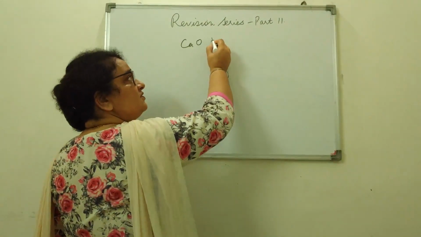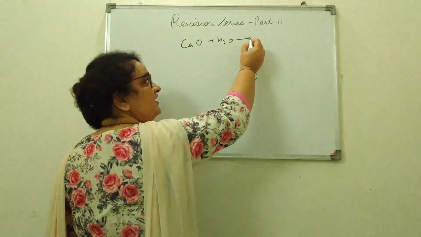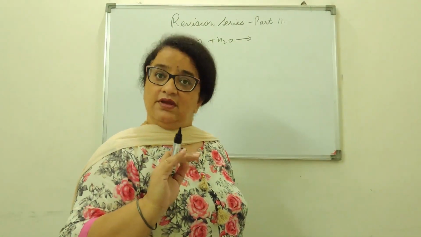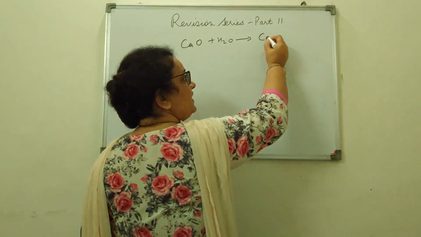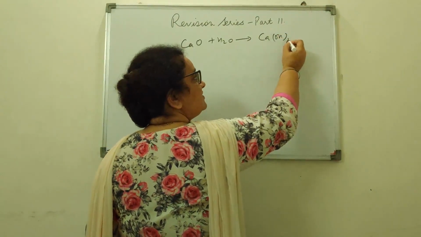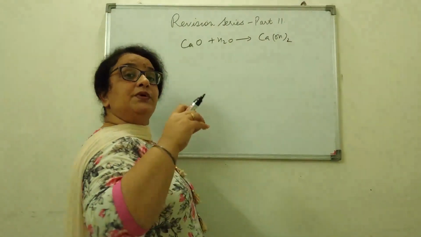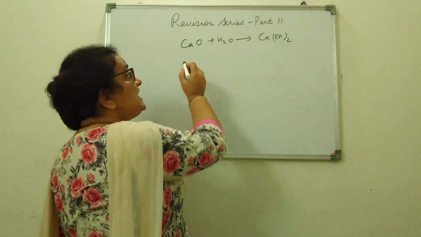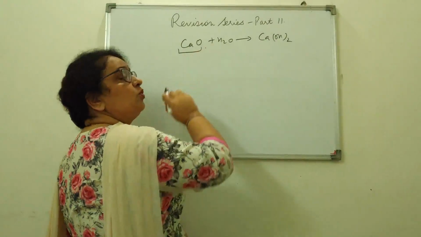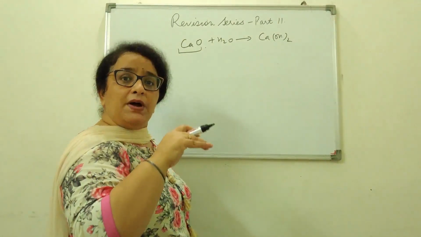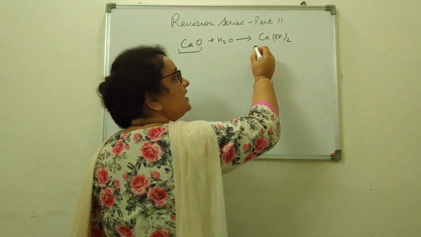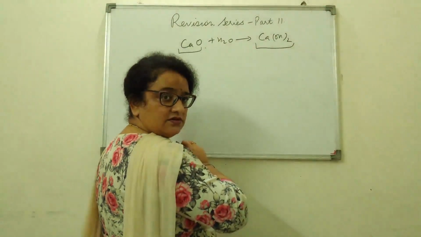When we dissolve it in water, we get the white solution that we use for whitewashing. Clear? Now what do we get? We get calcium hydroxide. So actually the painter who comes for whitewashing in our houses dissolves this in water, and in the bucket, that white powdery solution we get is this calcium hydroxide.